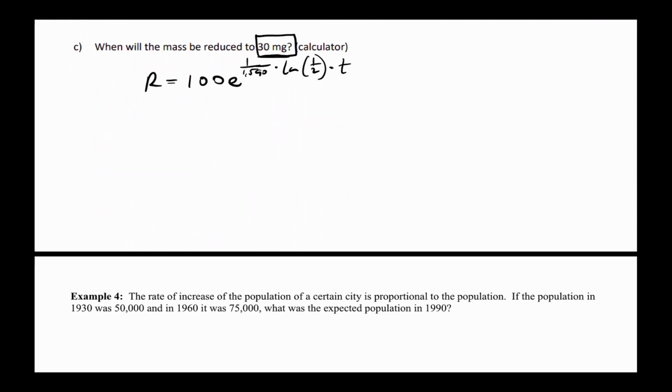For the dependent variable, which is R or M, whatever you chose. Times t. How do I solve for t? Anybody? Yeah. Divide by 100 first. First thing, divide by 100.